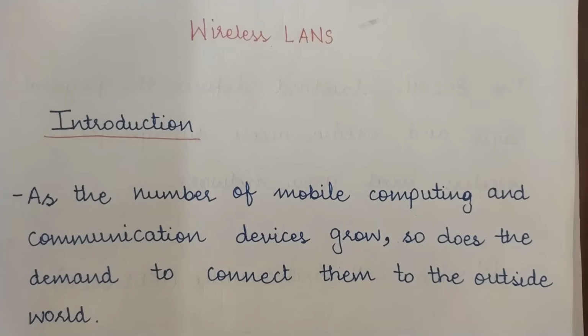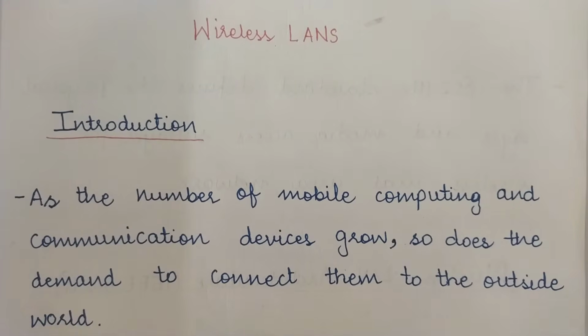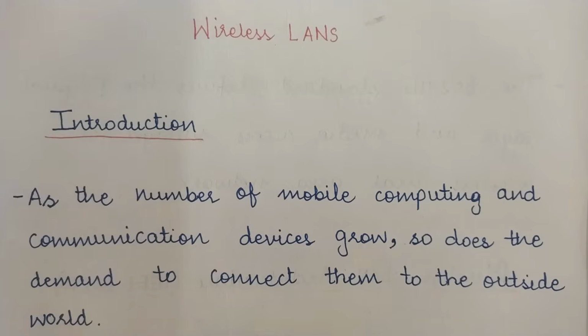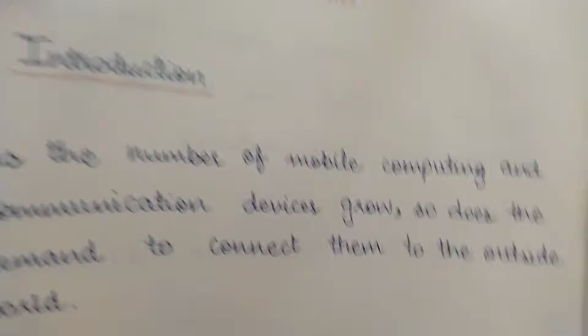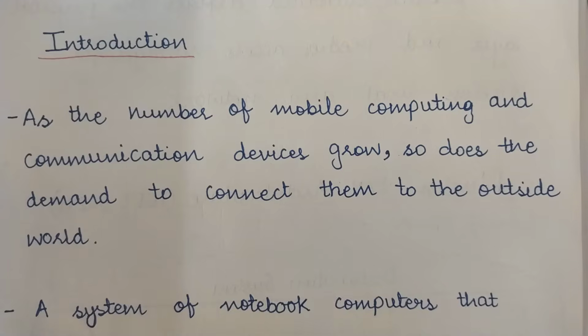Now, as the number of mobile computing and communication devices grows, so does the demand to connect them to the outside world. The more mobile computing and communication devices there are, the more the demand to connect them to the outside world.